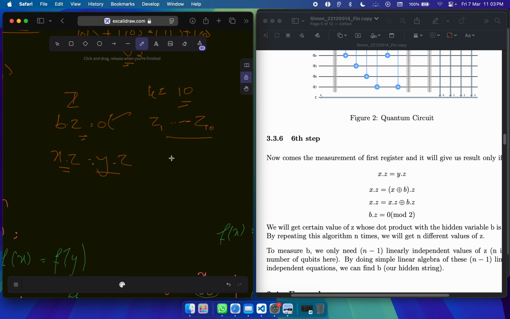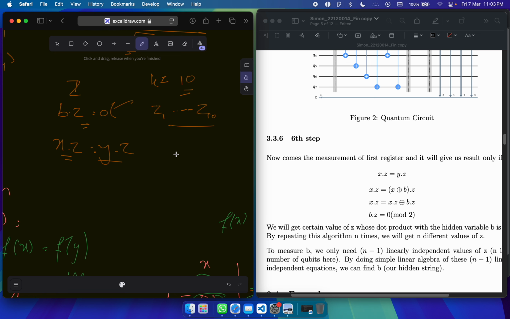And what you would get is a system of linear equations, and such linear equations have a name, right? These equations correspond to null spaces. So in order to calculate B, you'd have to find the null space of the matrix Z, right? So the matrix Z is going to be anything like this, and this multiplied with some vector is going to give you 0.